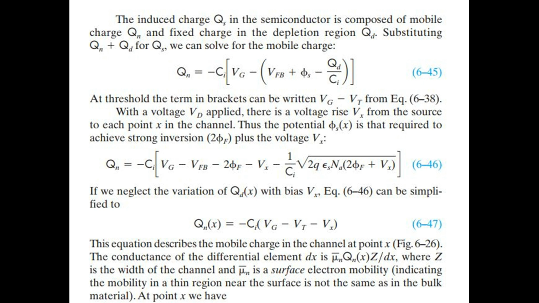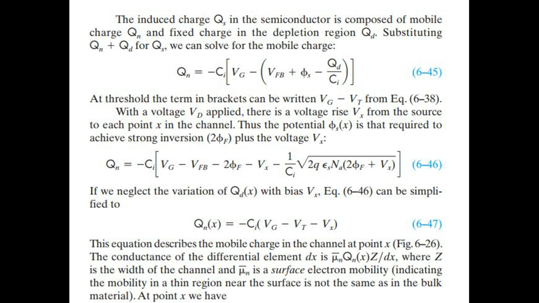With a voltage Vd applied, there is a voltage rise Vx from the source to each point x in the channel. Thus the potential φs(x) is that required to achieve strong inversion, 2φf, plus the voltage Vx. If we neglect the variation of Qd(x) with bias Vx, EQ 646 can be simplified to this equation, which describes the mobile charge in the channel at point x, Fig 626.